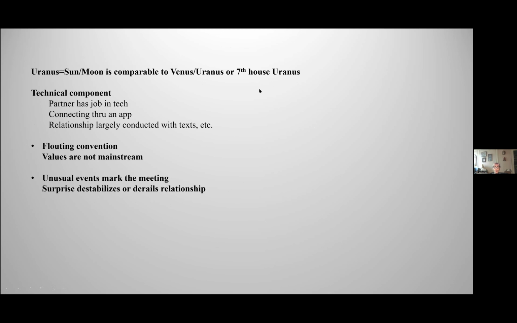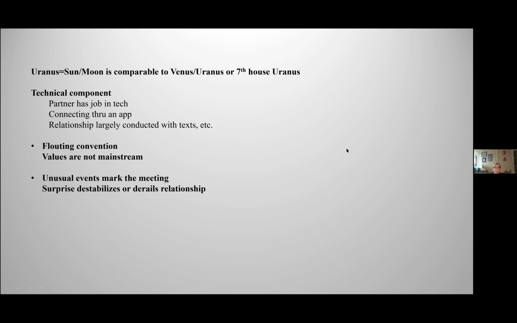Now, Uranus equals Sun-Moon is comparable to Venus-Uranus or seventh house Uranus. Very commonly, particularly in the 21st century, there's a technical component. The partner is in a tech job, or you connect through an app, or the relationship is conducted with texts, et cetera.